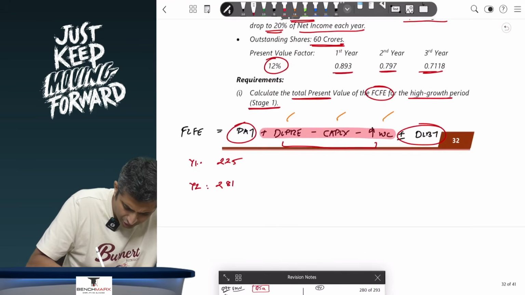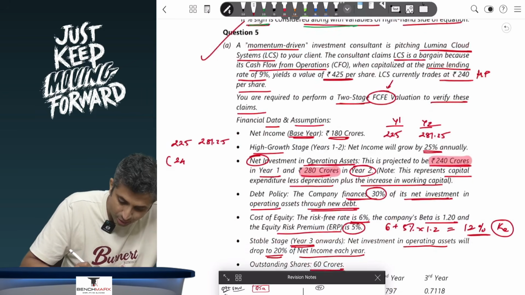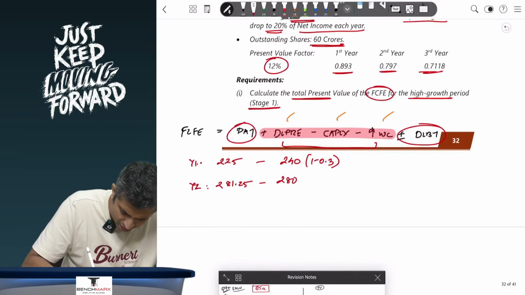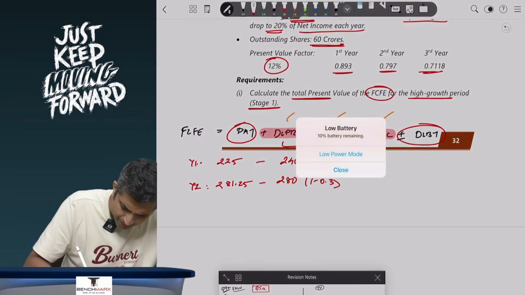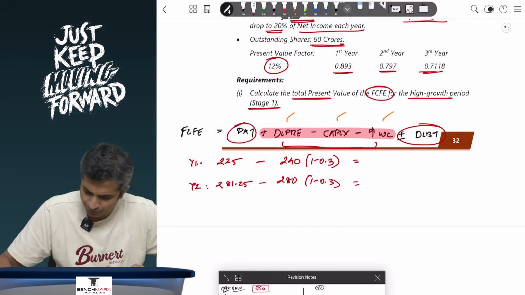So this is just for the high growth phase, minus the net 240, but 240 is the total investment of everything. Out of this, something will come in debt, the remaining will be equity. So this is minus 280 into 1 minus 0.3, and hence this will come to what? So this is, let us say, 240 into 0.7, and this is 225.